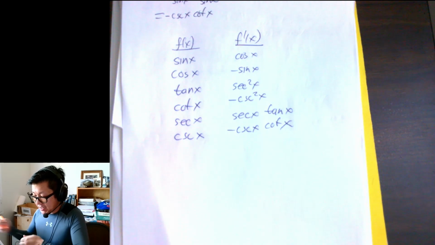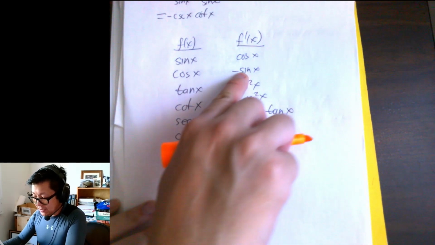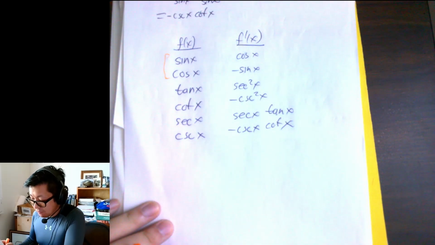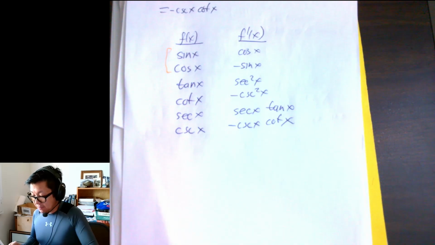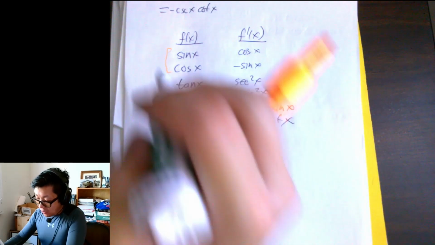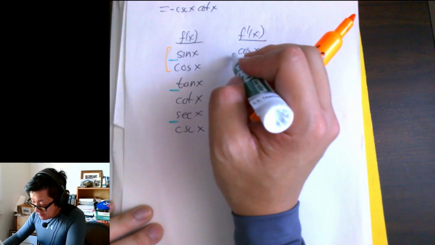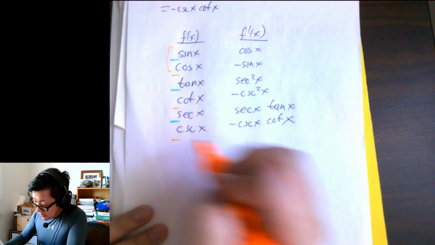First of all, derivatives of sine and cosine, they sort of switch, although you have to pay attention to the minus sign here. So that's a slightly separate block from the rest of these. However, there are a couple other patterns. Notice that the derivative of all the non-cofunctions are positive. The derivative of all the cofunctions are negative.